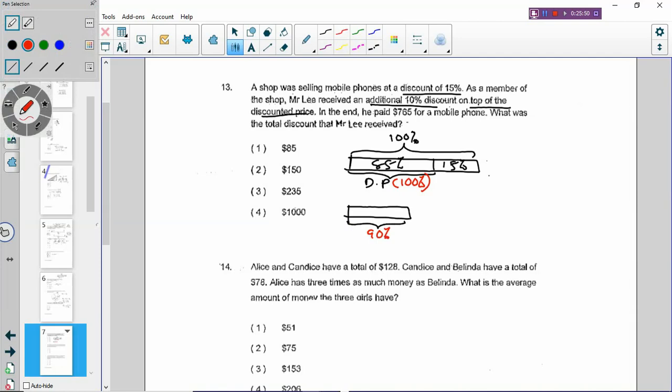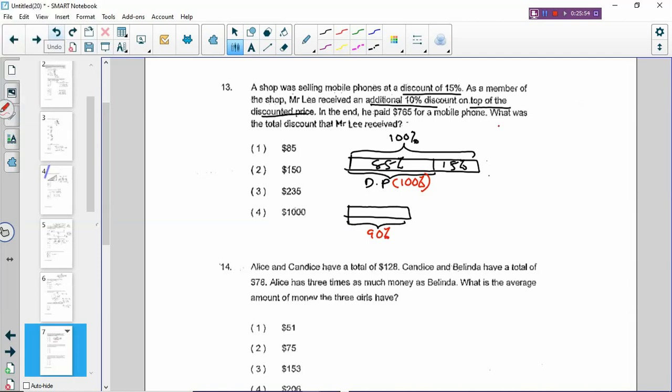So how much is 90%? What do you do? You need to write down some steps. So your 100% is 85. Got it? 100% is 85. Then you can find 1%. Avoid having decimals so you can do it faster.